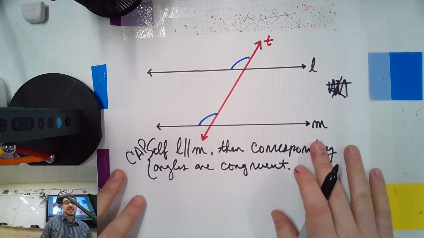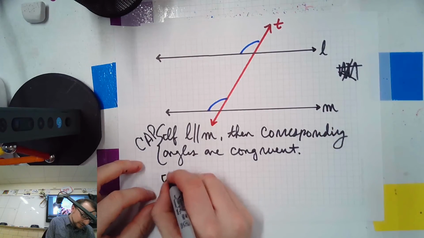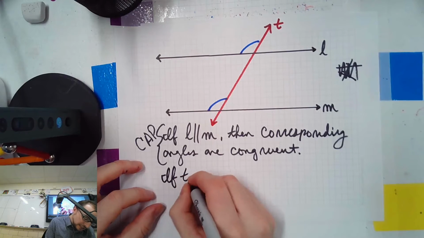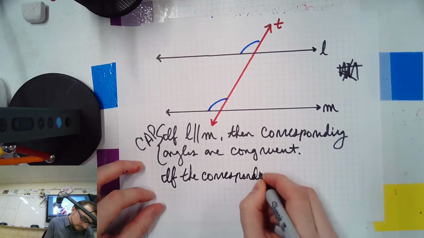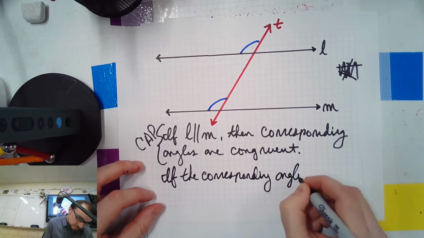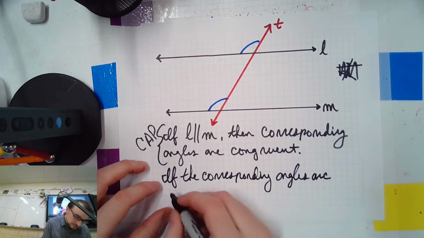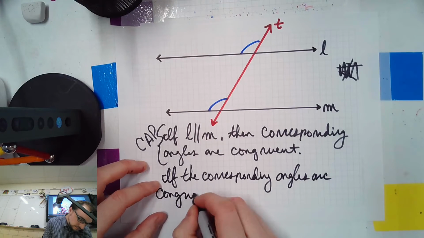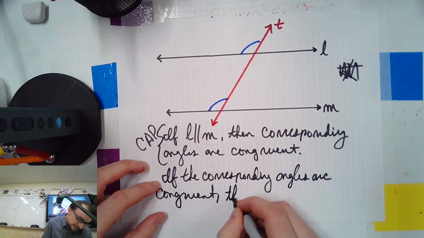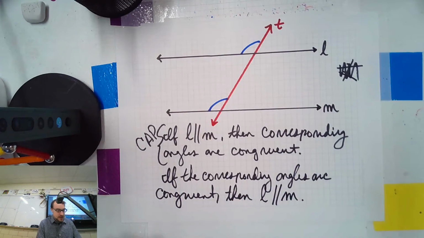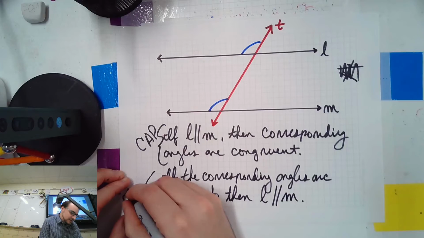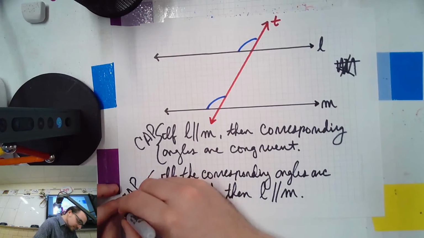So the converse would be: if the corresponding angles are congruent, then L is parallel to M. This is the corresponding angles postulate, but the converse.